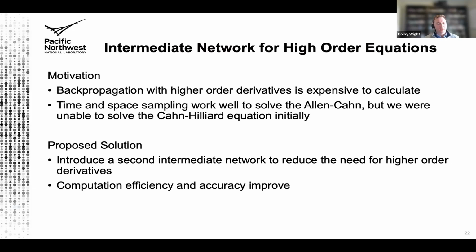We also found that we were having a hard time solving this problem. So what we did was introduce a second network to reduce the need to calculate higher order derivatives. And we found that this improved computational efficiency and accuracy.